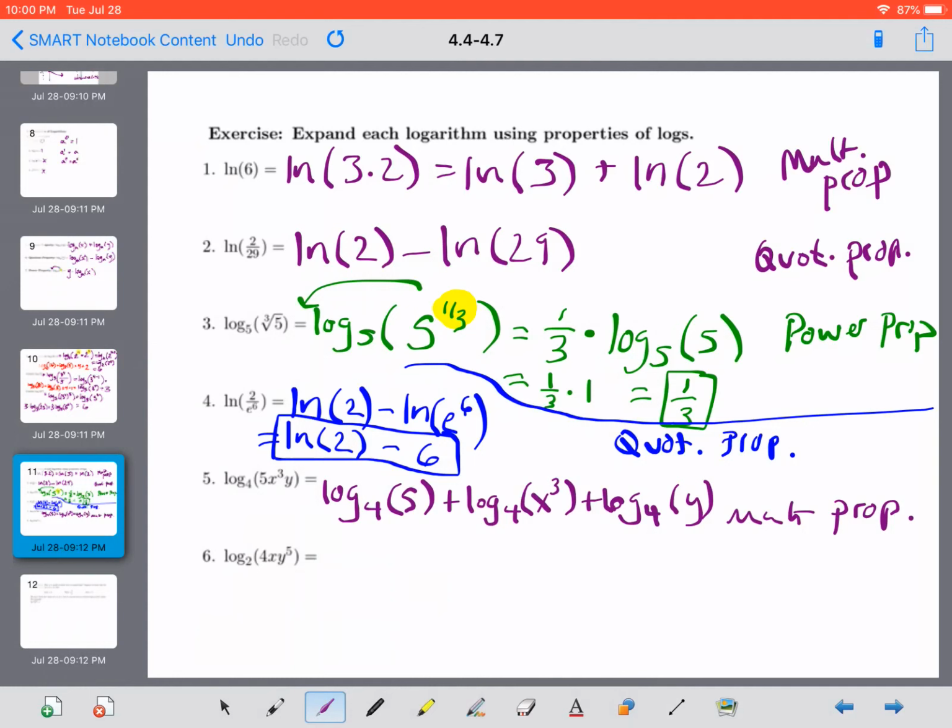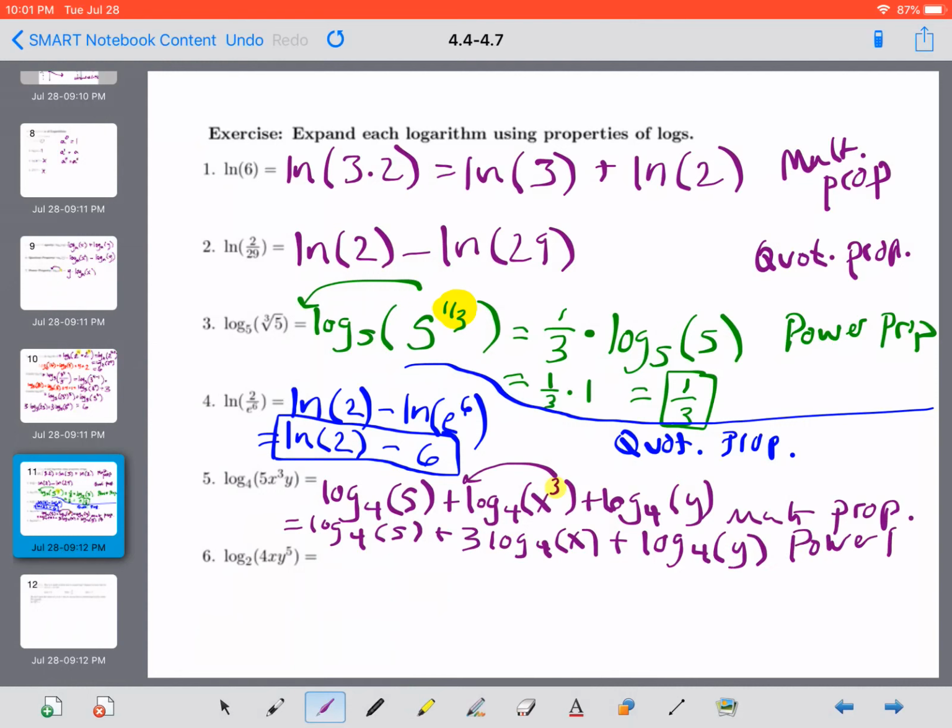And now, if I wanted to, I could rewrite this one more time. I have an exponent of 3 in here. I can pull that out in front as multiplication and rewrite this as log base 4 of 5 plus 3 times log base 4 of x, and finally plus log base 4 of y. There's nothing else really to compute here, but this was by the power property.